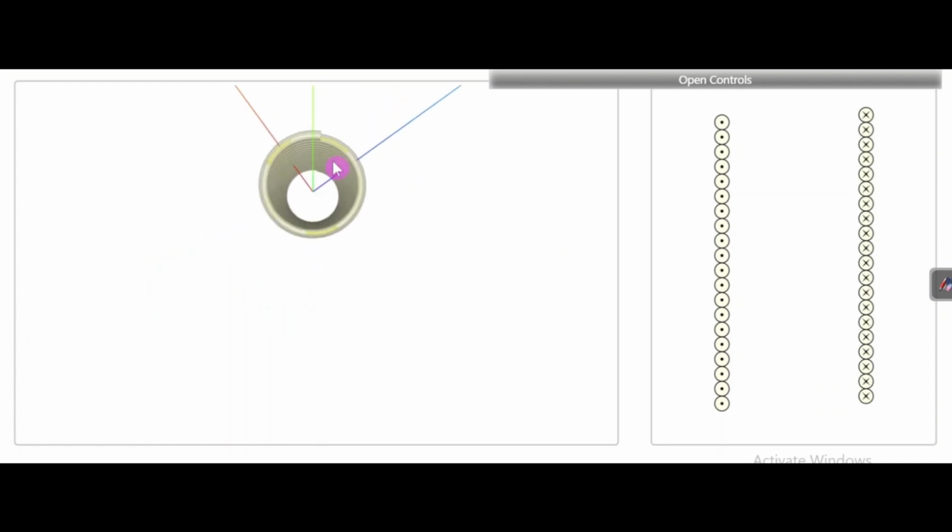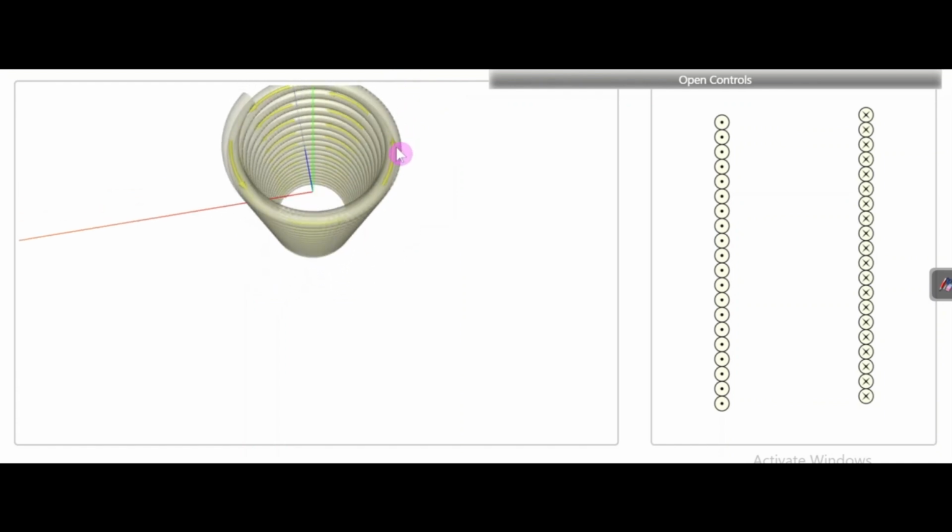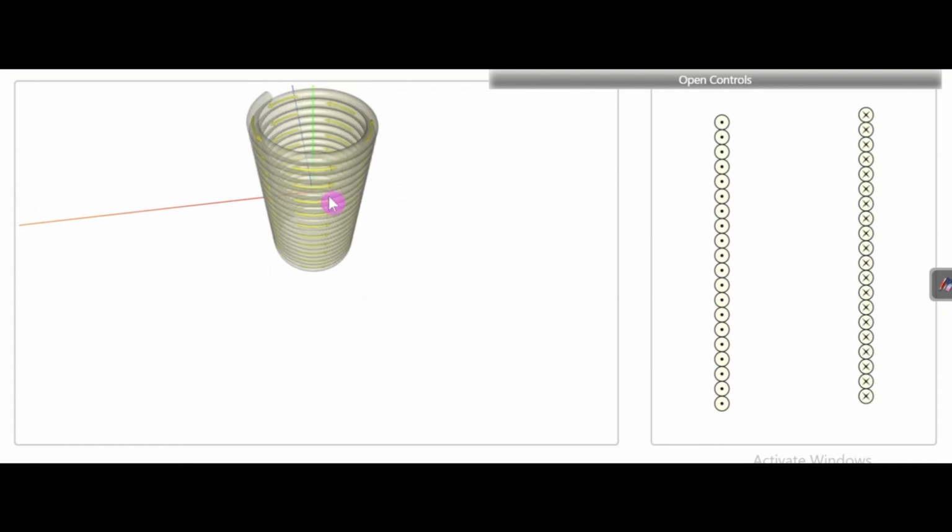And the magnetic field lines will also be present around this solenoid, but we ignore that here.